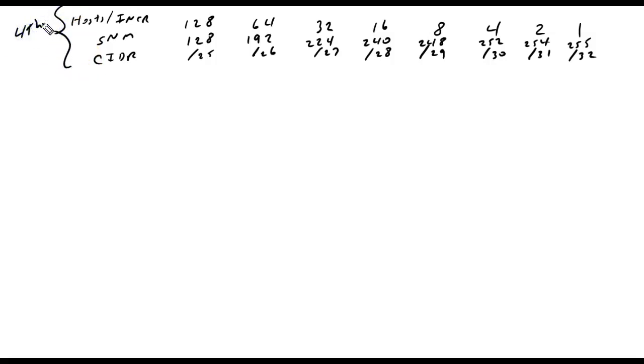Now, I'm not going to bother with the third octet or the second octet or any of that. So right now, just the fourth octet, and we're going to subnet inter-octet. In other words, I'm only going to borrow some bits. I'm not going to borrow an entire octet's worth of bits.